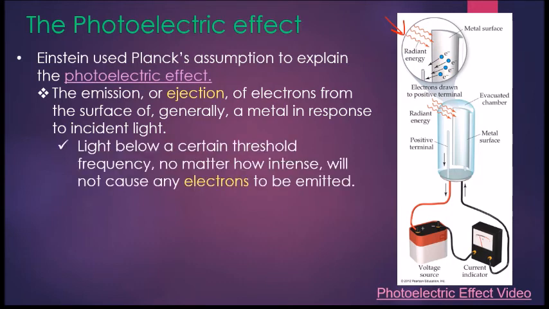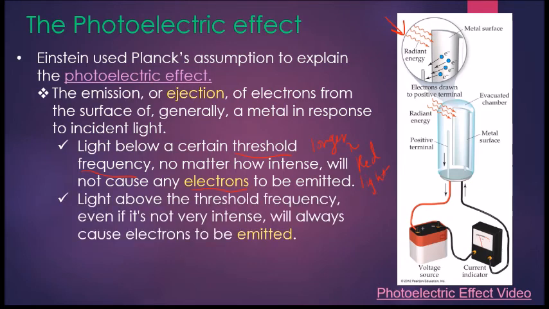Now, light below a certain threshold frequency, no matter how intense, did not eject the electrons. So we're talking about things with lower frequency, which means they have longer wavelengths. Those ones did not eject the electrons, like red light is lower frequency, longer wavelengths. Red light would not eject the electrons from the surface of the metal.